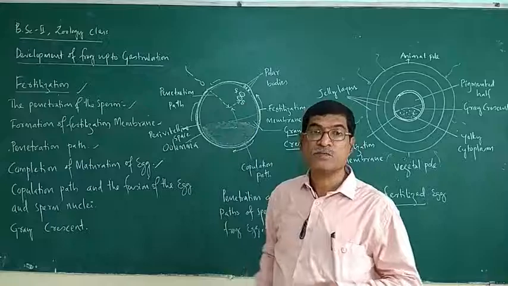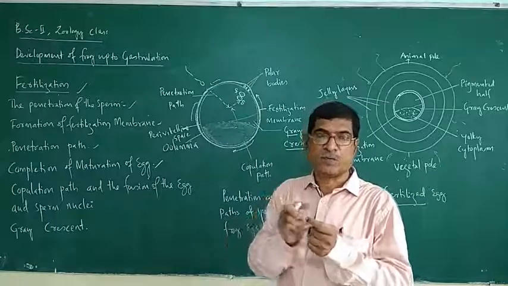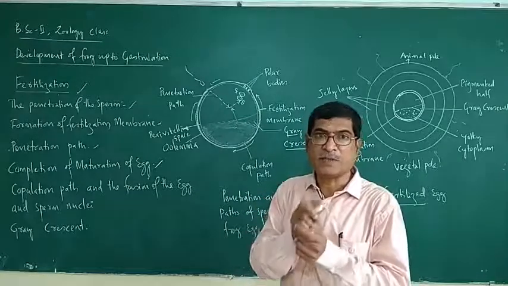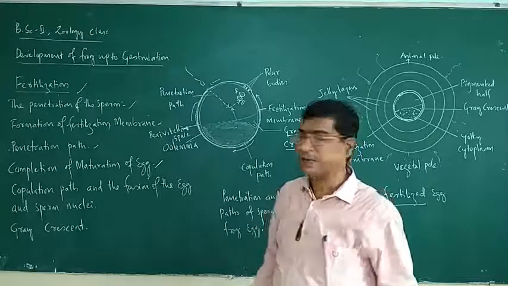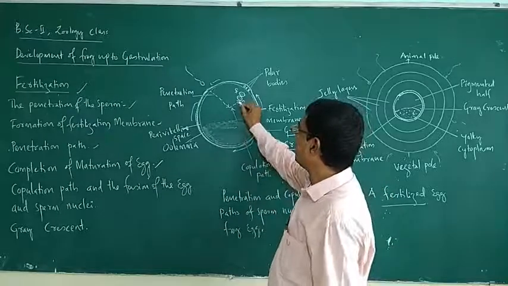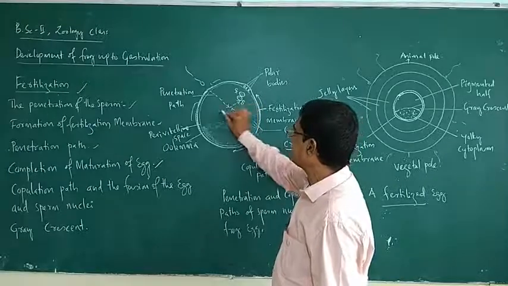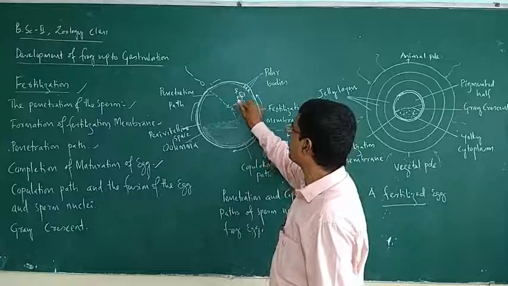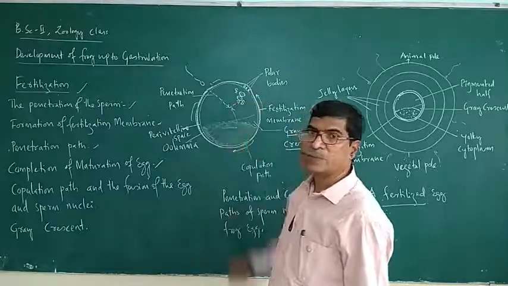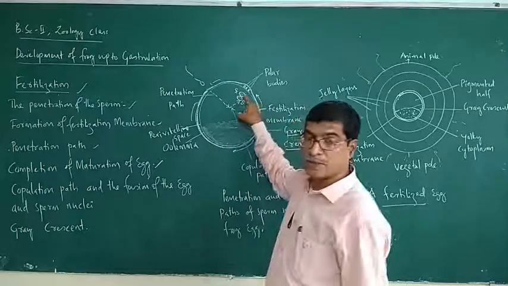The head of the sperm rotates at 180 degrees. As it changes its direction, it now moves towards the female pronucleus.